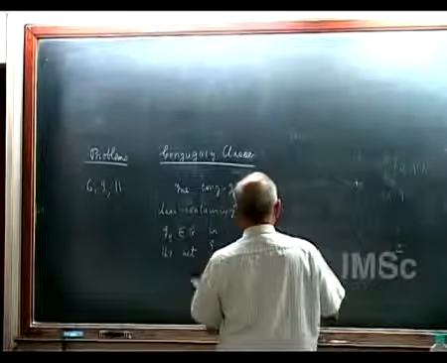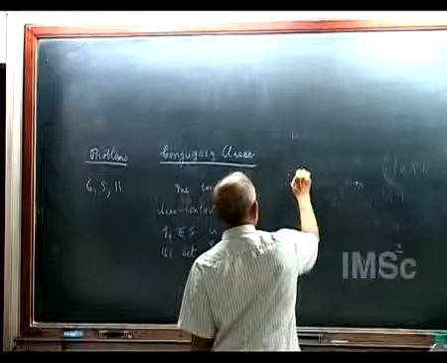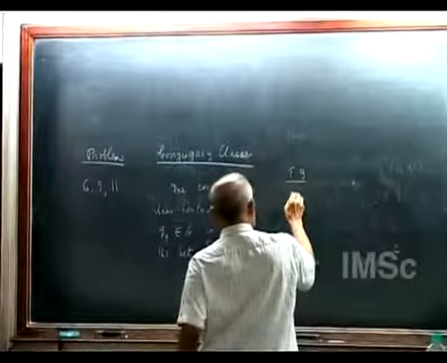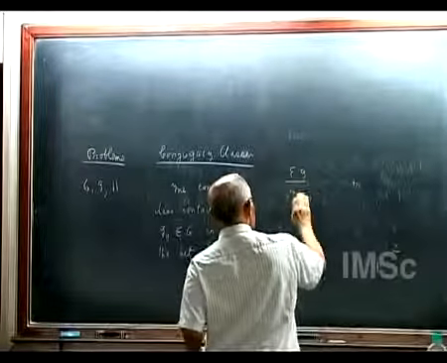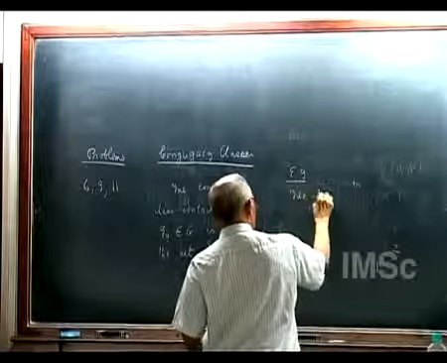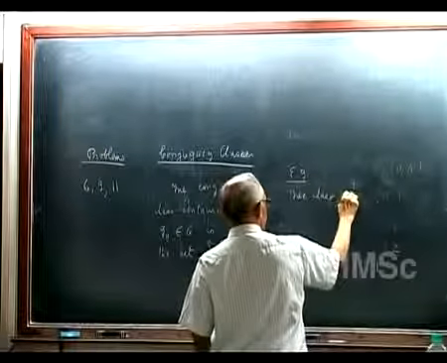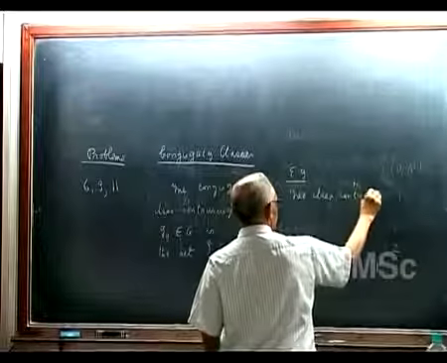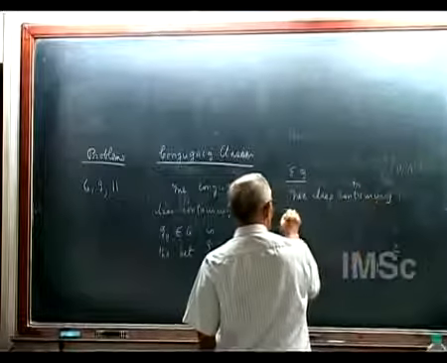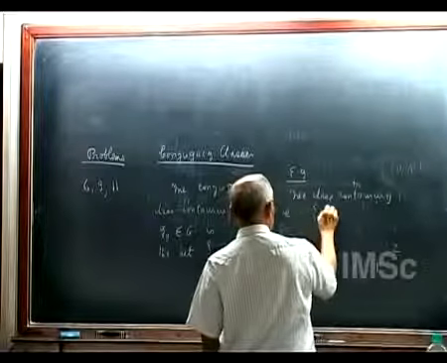Example. The conjugacy class containing e is simply the identity, as I said.